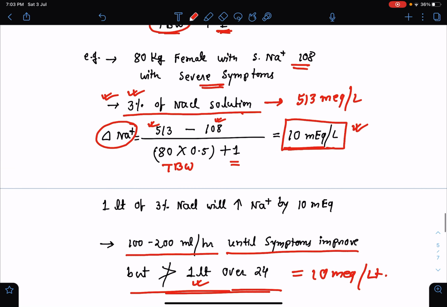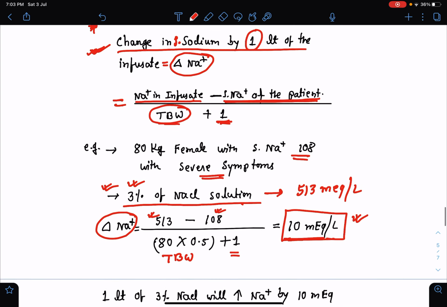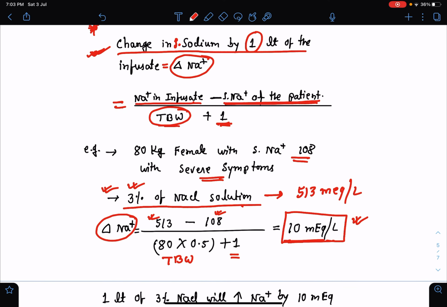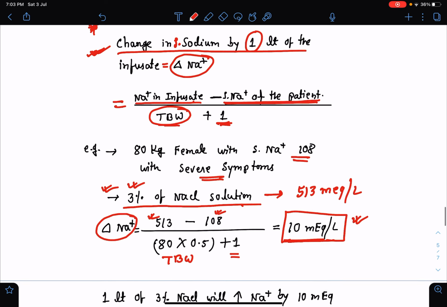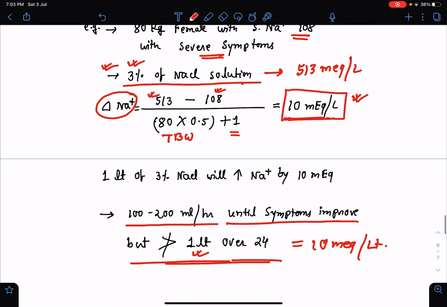So this is how, from this formula, we can easily calculate the change in serum sodium by using a particular infusate, and we can calculate the rate of infusion of the infusate, may it be 3% sodium chloride or any other hypertonic solution.